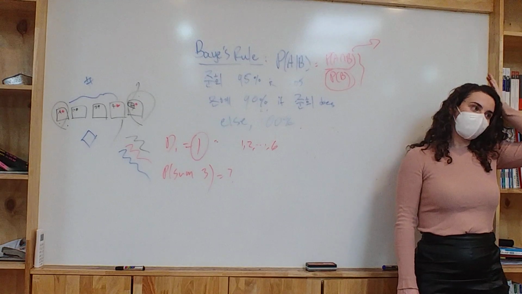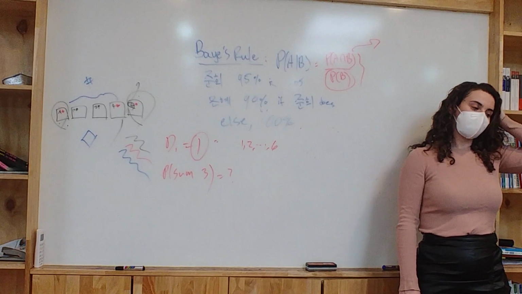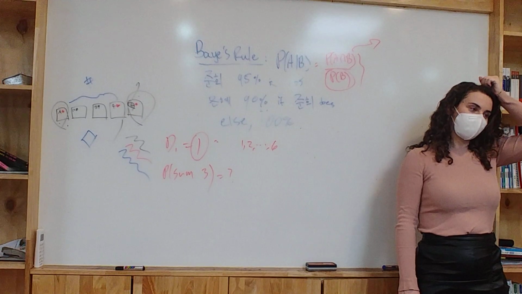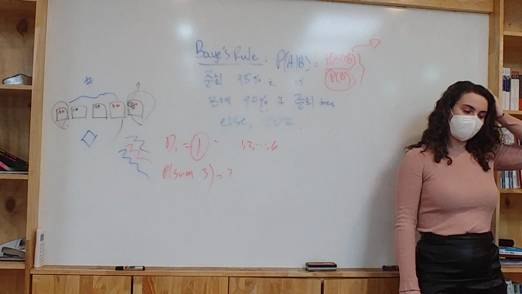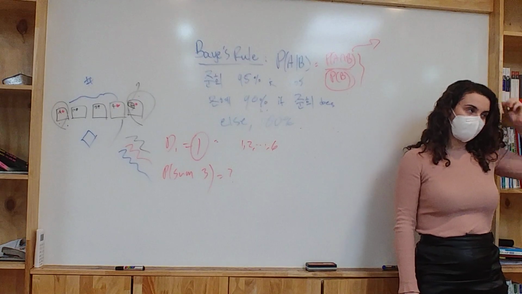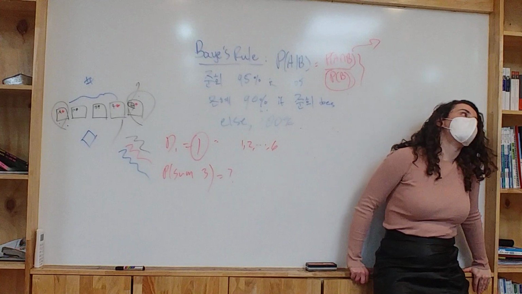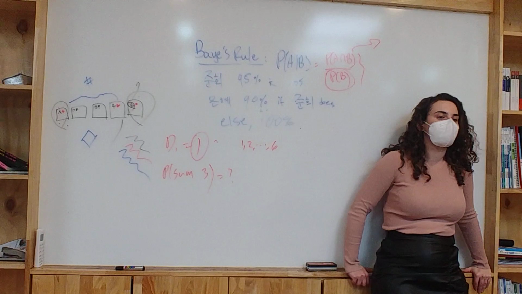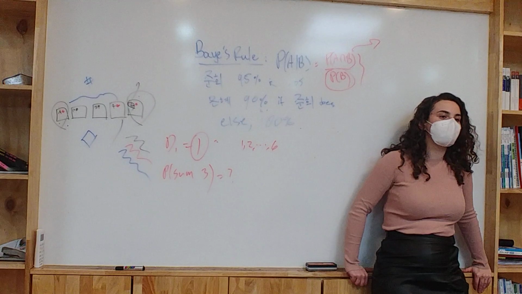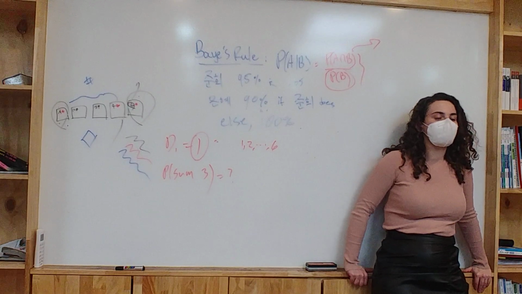Now, what's the probability that the sum is 3 given that the first one is 1? 1 of 18? So if you think about it, the probability that the first one is 1 and that the second one is 2, because that's the only case, it's 1 out of 36 divided by 1/6.